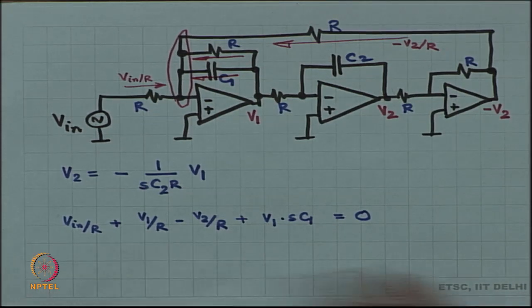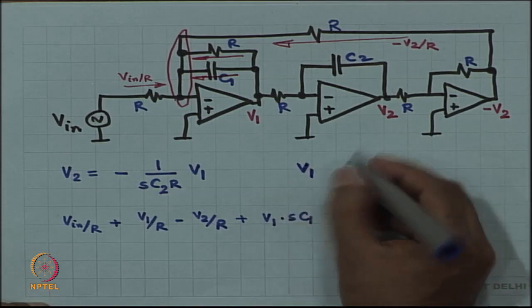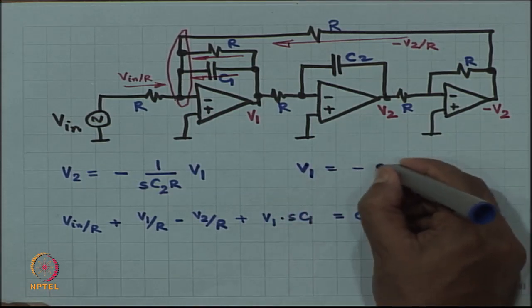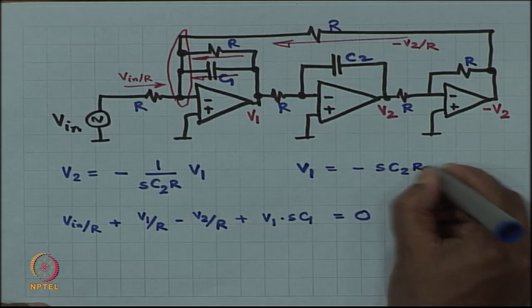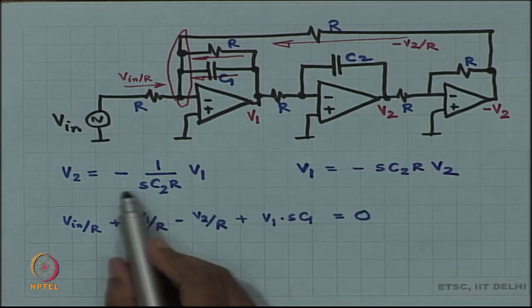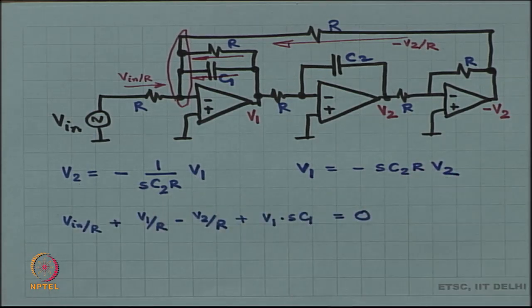So, let us replace. V1 is minus S C2 R times V2, and let us replace all the V1s with V2s.